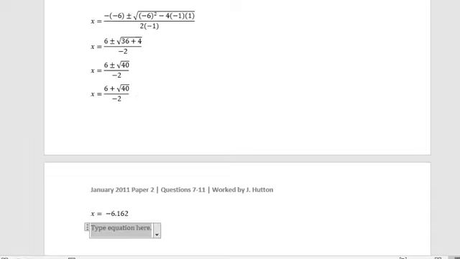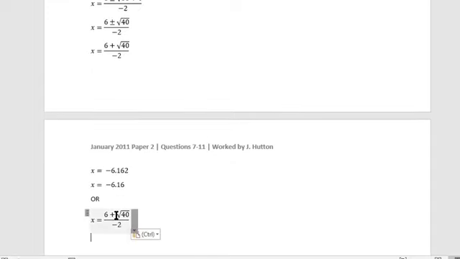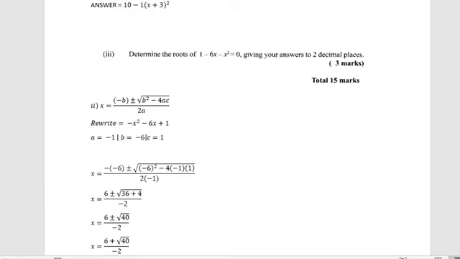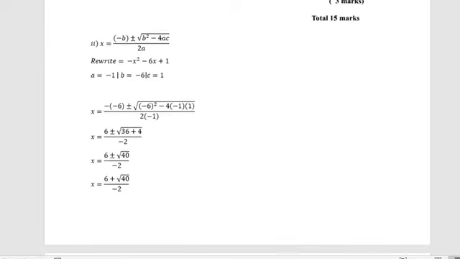So therefore x is equal to minus 6.16, or x is equal to 6 minus the square root of 40 over negative 2, and therefore when you work that, x will be equal to 0.162, and writing it to 2 decimal places, x is equal to 0.16, and those are our possible answers when answering part 3, which says determine the roots of 1 minus 6x minus x squared equals 0, giving your answers to 2 decimal places.